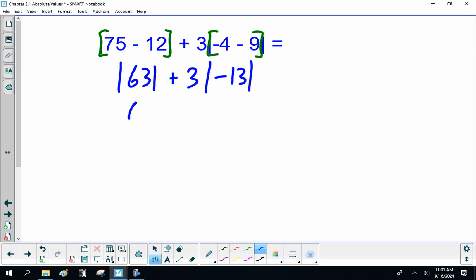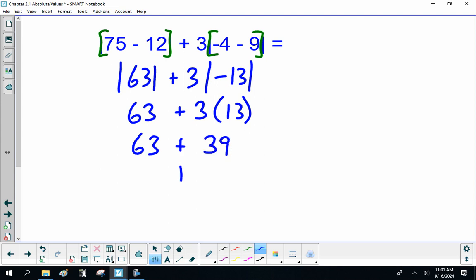The absolute value of 63 is 63, and 3 times the absolute value of minus 13. The absolute value of minus 13 is 13. 3 times 13 is 39. And then 63 plus 39, that's 102, I believe. Okay? That's what I need you to be able to do. If you can do that, I'm happy.